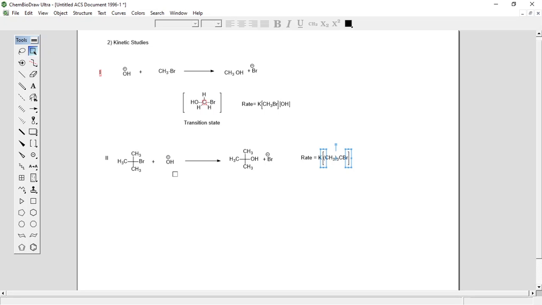It is independent of the concentration of nucleophile.